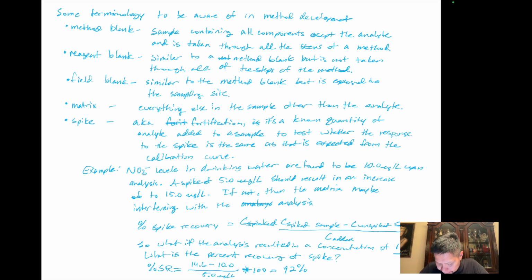And so percent spike recovery equals the concentration of the spike sample that you determined using the calibration curve, subtracted by the concentration of the unspiked sample, divided all by the concentration of the added spike times 100. And so say you did this and you ended up with 14.6 micrograms per liter after the analysis. You can plug that into your percent spike recovery equation.